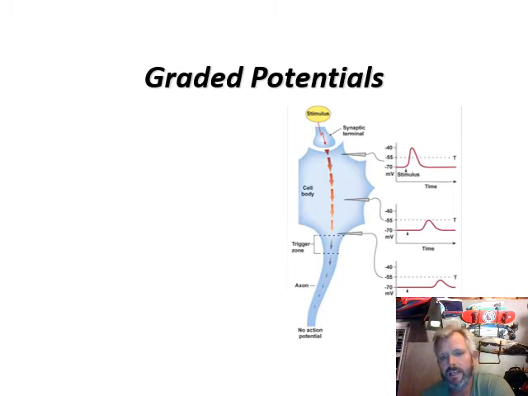But let's just say, in this case, it's a neurotransmitter that's causing this graded potential. Okay, say we have chemically gated channels. The neurotransmitter is going to open up a certain ion channel, a ligand-gated ion channel.